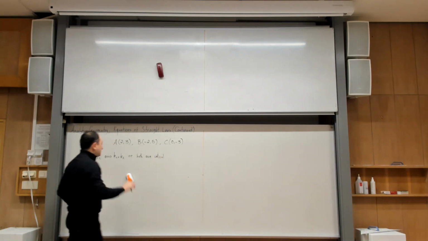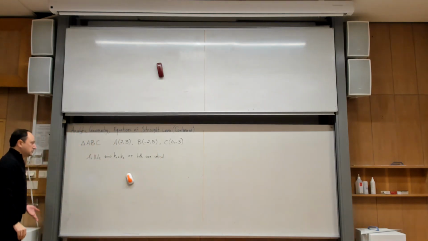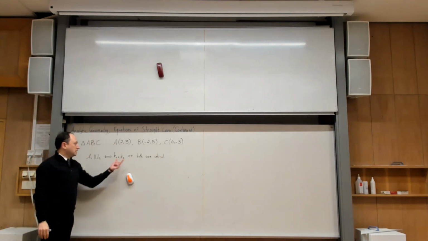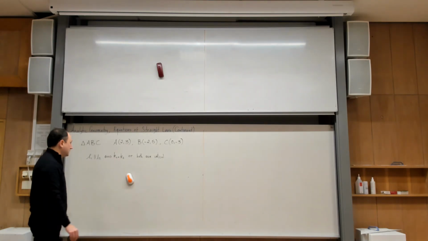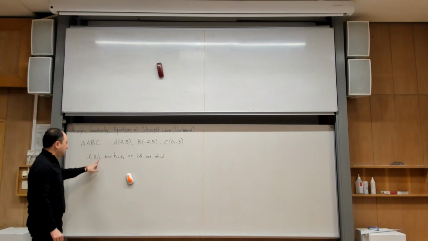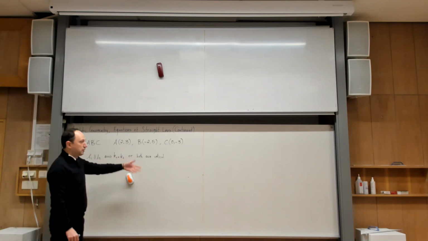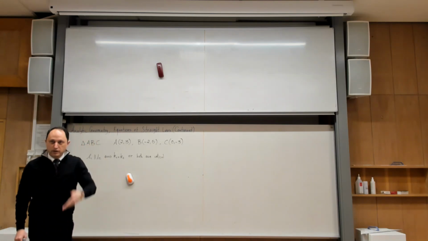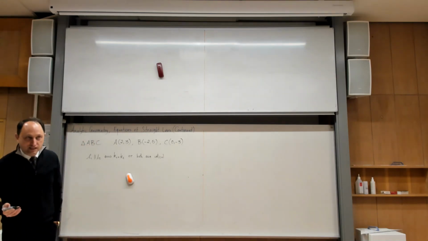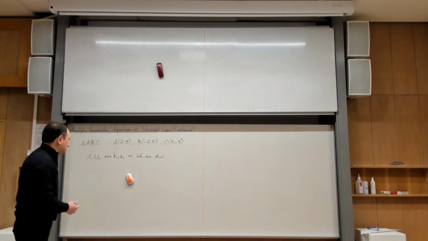For the case that both of them are horizontal, I don't need to add it extra, because I know that if they are horizontal, k values are automatically the same. So I would say that two lines are parallel if either the k values are the same, or both of them are vertical. In the case of vertical, I cannot say that they have the same k values, because the k values are not defined.